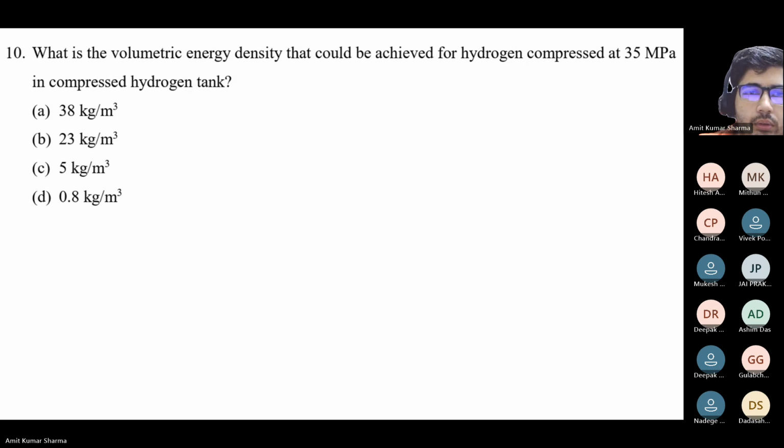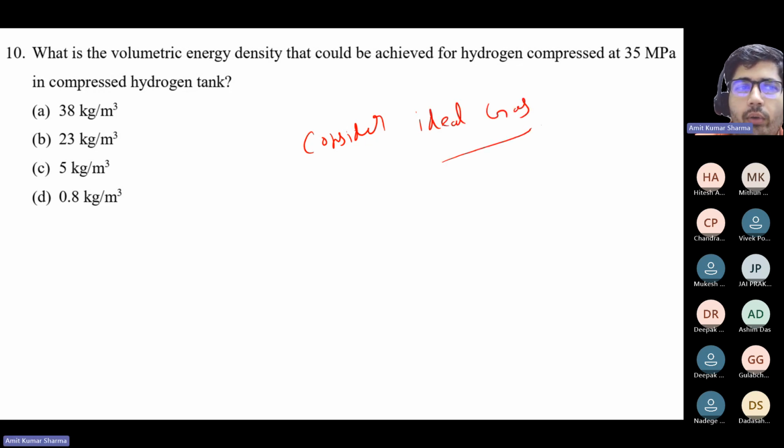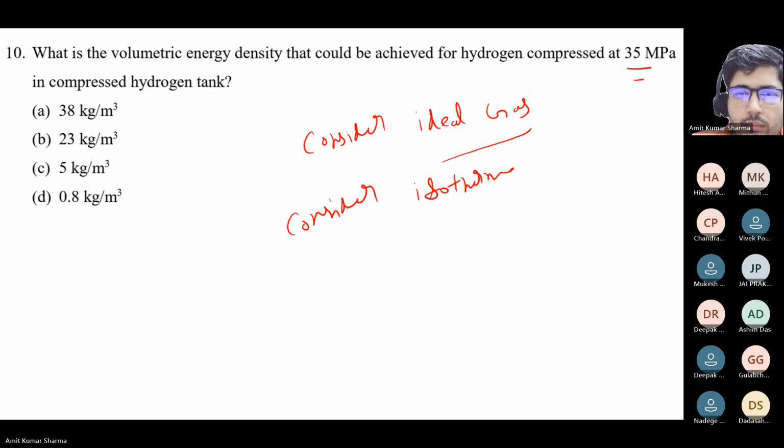Now consider ideal gas behavior, and calculate the density at this pressure. Consider isothermal compression.